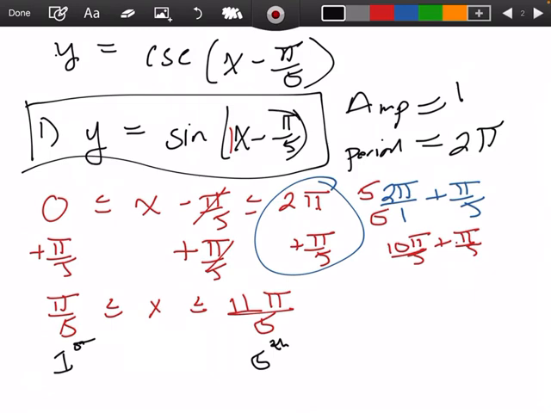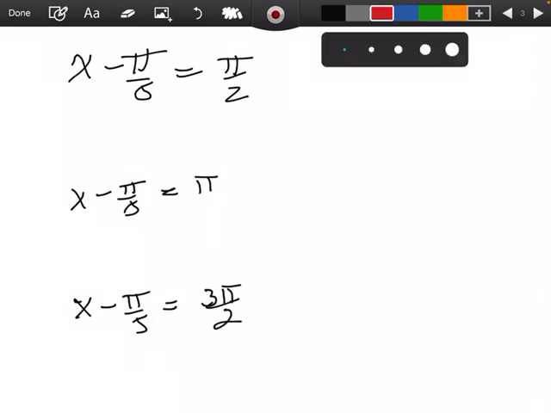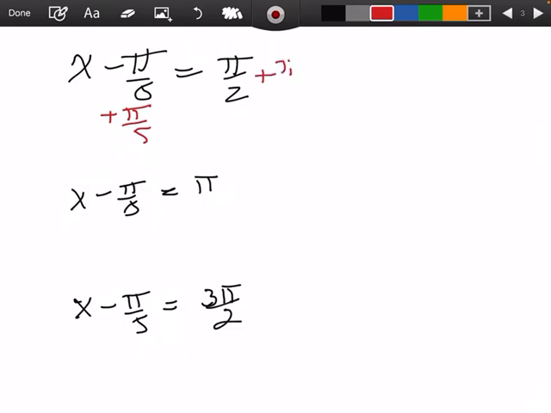So what we're going to do is we're going to set this part right here, x minus pi over 5, equal to pi over 2. X minus pi over 5 is equal to pi. And x minus pi over 5 is equal to 3 pi over 2. Okay? So just like we did before, I'm going to add pi over 5 to each side. Okay?